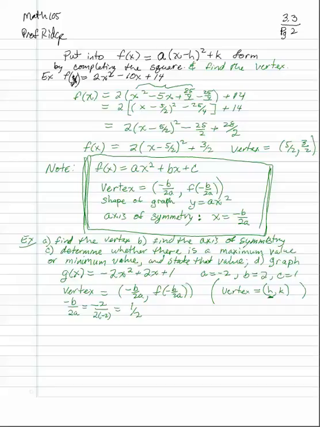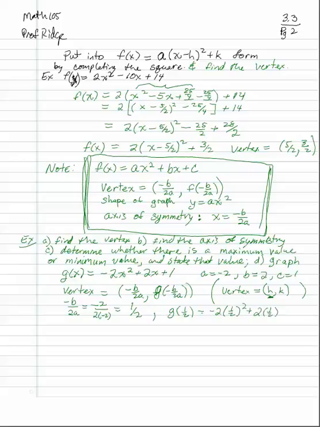Now k, or the y coordinate, the way you find the y coordinate of the vertex is you plug in this 1/2. So you've got to do g of 1/2. Okay, so we say g because this function is g, not f. So generally we have f. Plug in negative 1/2, or positive 1/2, sorry.